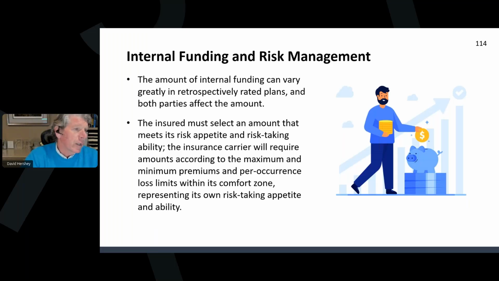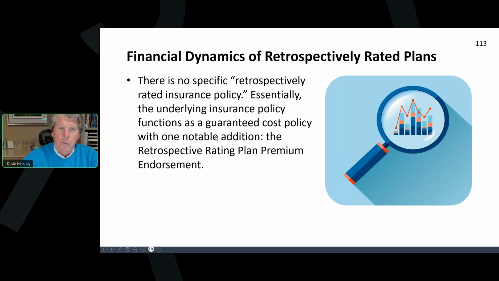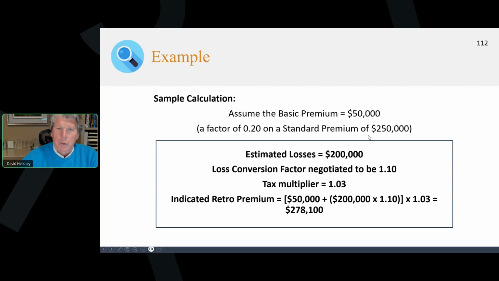Is there a cap on individual losses on a retro plan? I don't think so, but want to confirm. No. Well, it depends on what you purchase. So let's go back to the formula. Estimated losses of 200,000.